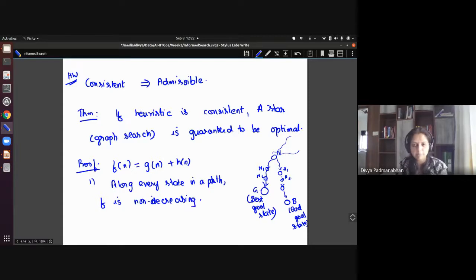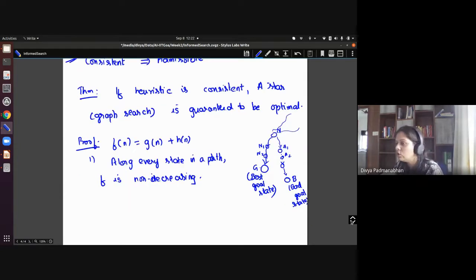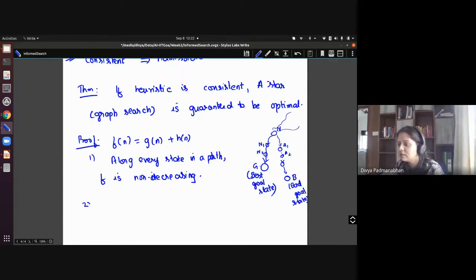So we will come to this now. I will tell you why this is true. If this is true, now the next idea is that you have these two paths, right? You start from some S, and you branch out, and something like this happens.